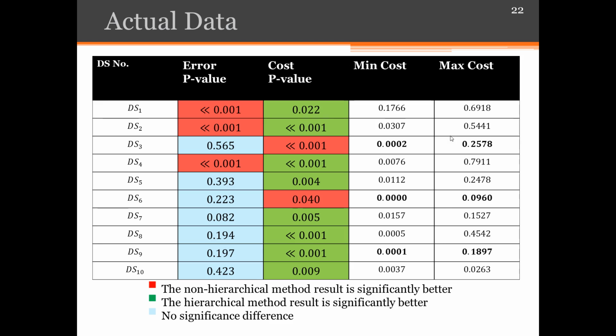So if you pay attention to dataset 3 and dataset 6, you can see that these datasets had sensors or features that had really low accuracy, for example 0.0002, or even non-informative at all, which had accuracy of 0. And these are the datasets that non-hierarchical method did better in terms of cost.